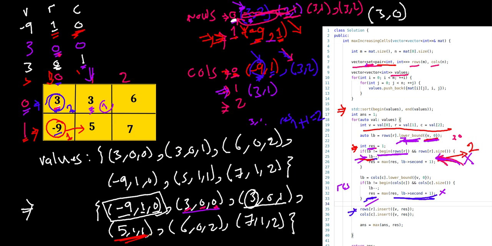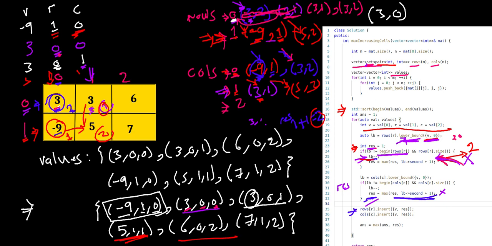And we look at column 1 also. For 5 we return a pointer to the end, we do minus minus, so the pointer will be here, 3 1. That means we can move from 3 to 5, and here we have 1 plus 1 is 2, so the final result for 5 is 2. And we push this to 1 1, so here we have 5 2, and here we have 5 2.